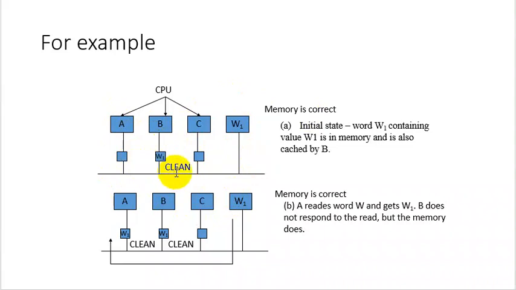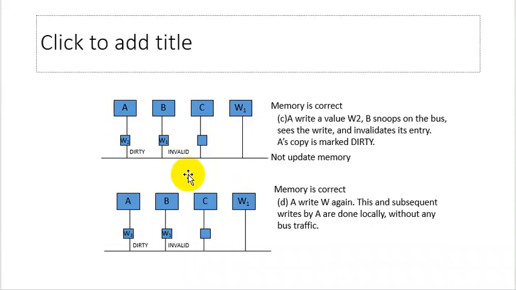Further modification happens only inside processor A's cache without accessing the memory repeatedly. Later, if another processor requests this data, the latest value is supplied and ownership is transferred accordingly. This mechanism keeps all processors synchronized while reducing unnecessary memory operations.